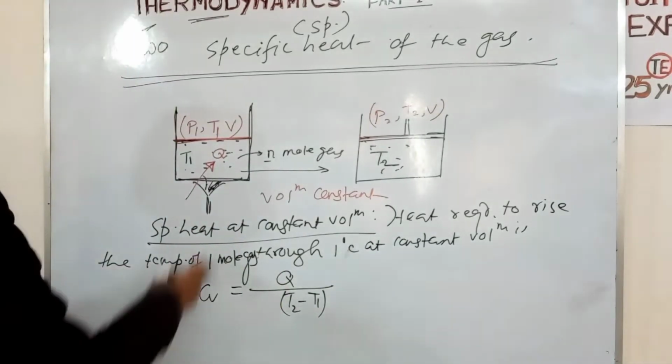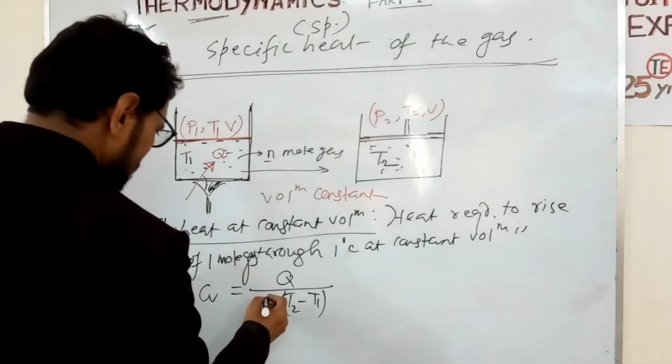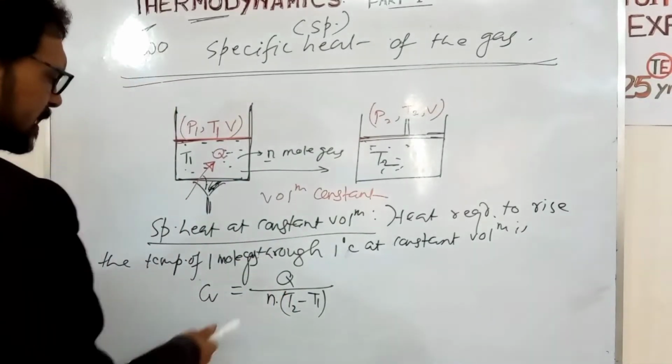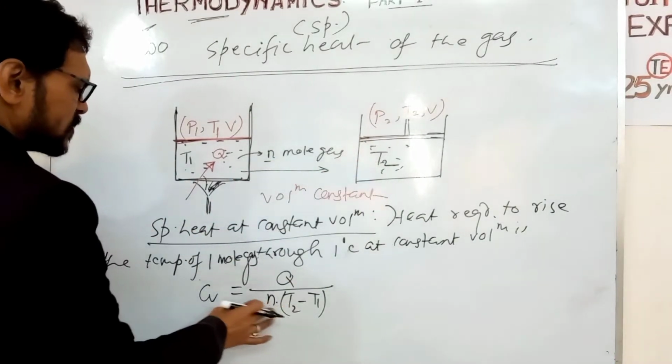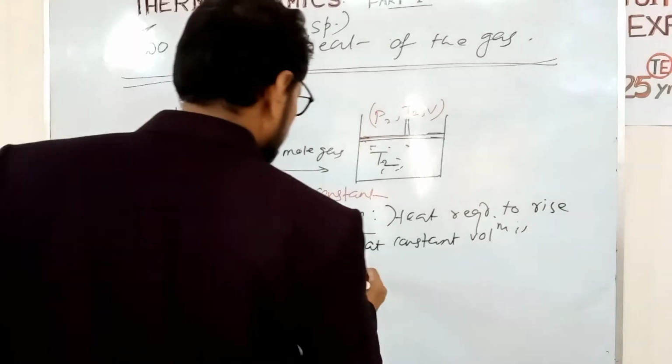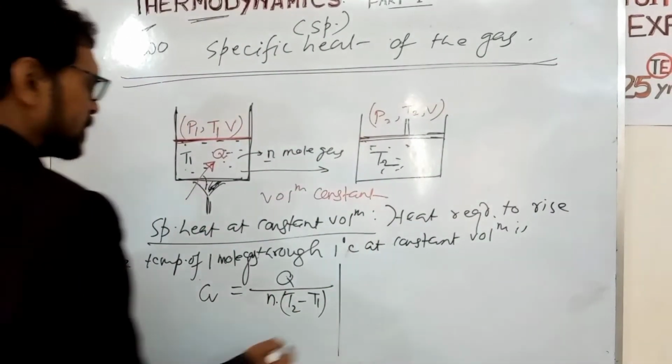If we take n moles of gas, then we have to divide by n. For n moles of gas, for a temperature rise of T2 minus T1, the heat supplied is Q. We can derive this by the unitary method.